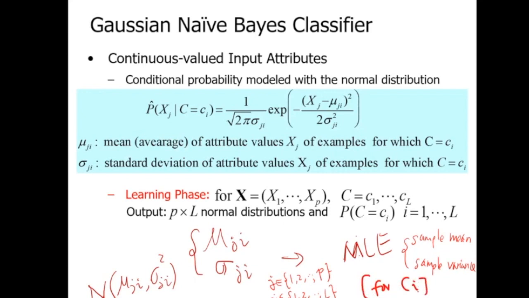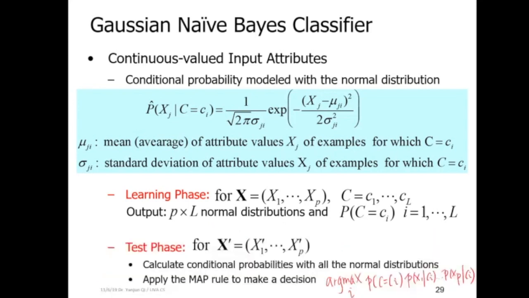For each class, you estimate the sample mean and sample variance, and that creates L different generative models. That's the whole idea of a generative model: for each class label, you have a generative probability formulation. On the testing phase, you do the same thing. You calculate for C equal to Ci, P(x1 | Ci) until P(xp | Ci), using the equation exactly here, replacing the mu and sigma with the sample mean and sample covariance.